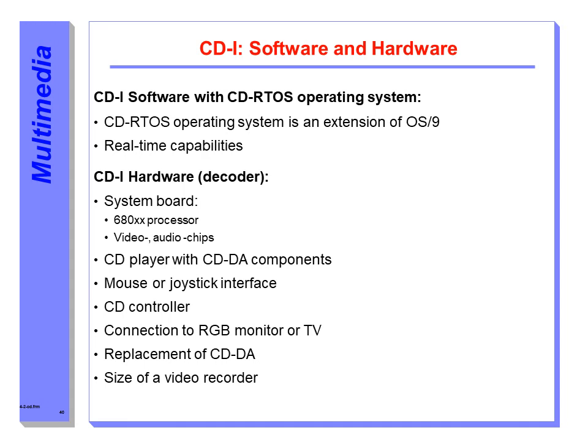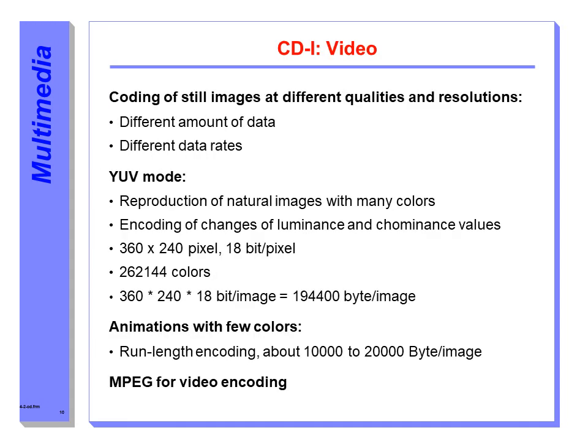The decoder, as we discussed, uses the 68000 processor and video and audio chips, a CD player with the CDDA components, mouse, joysticks, a CD controller, connection to a red, green, blue monitor or TV, replacement of CDDA, and is the size of a video recorder.